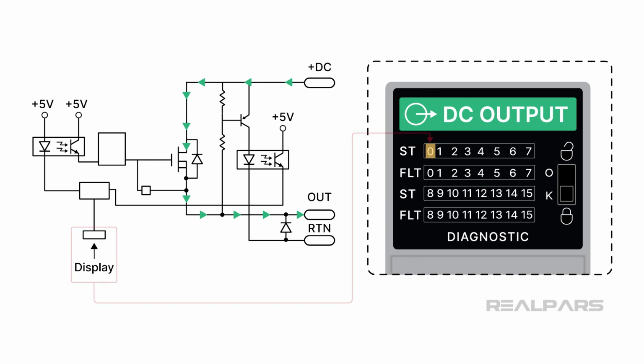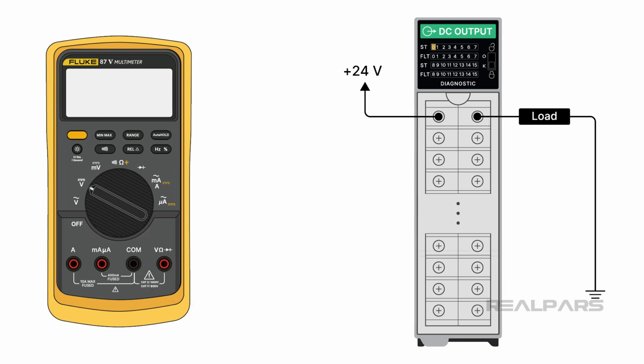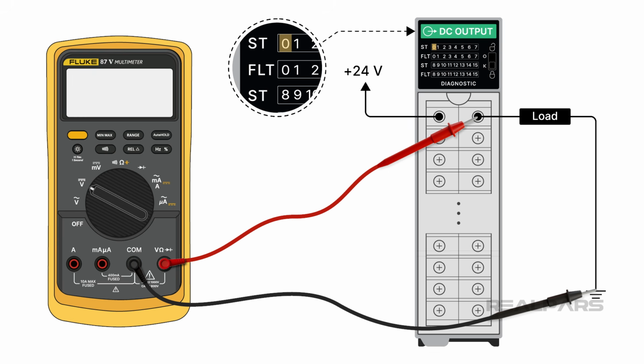The internal solid-state switch closes, providing approximately plus 24 volts to the load connected to the output 0 terminal. Under normal operating conditions, the solid-state switch drops approximately 1.2 volts across it, thus reducing the load voltage. The voltage remains present even if the load is open or a wire is broken.